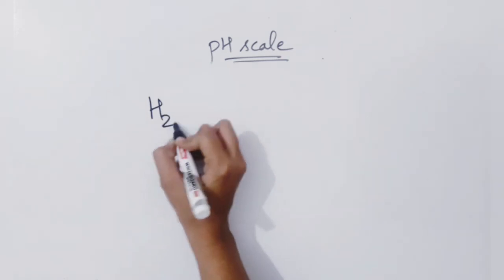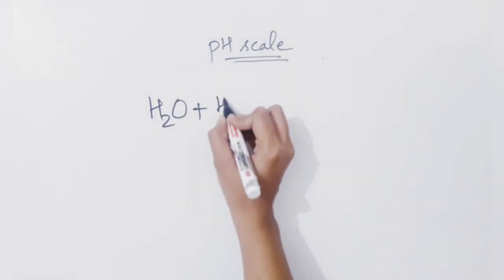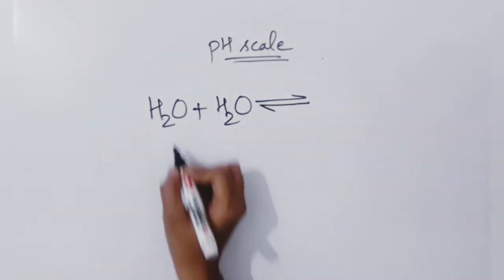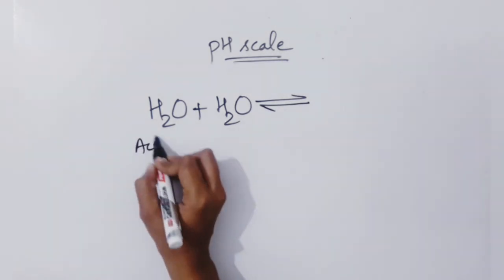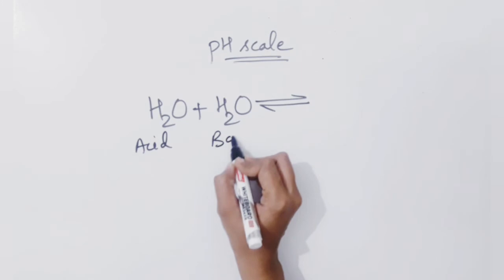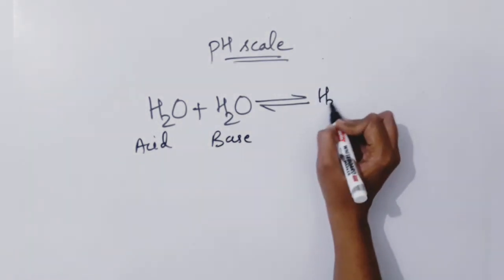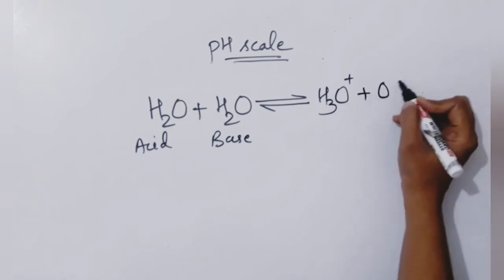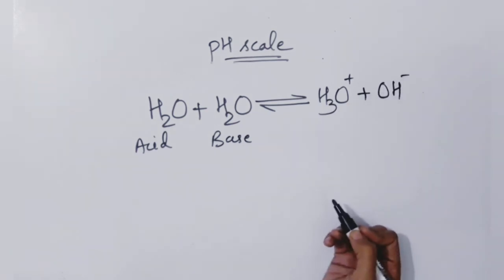Now for water, consider a reaction. Here one water molecule acts as an acid, the other acts as a base. One will donate H plus ion, the other will accept H plus ion.